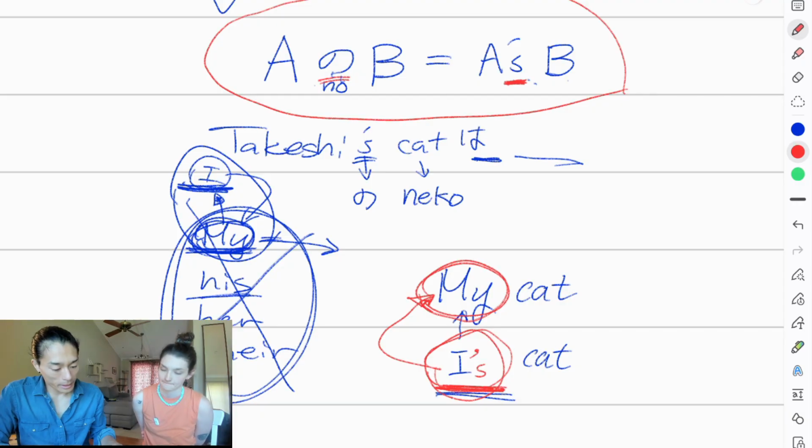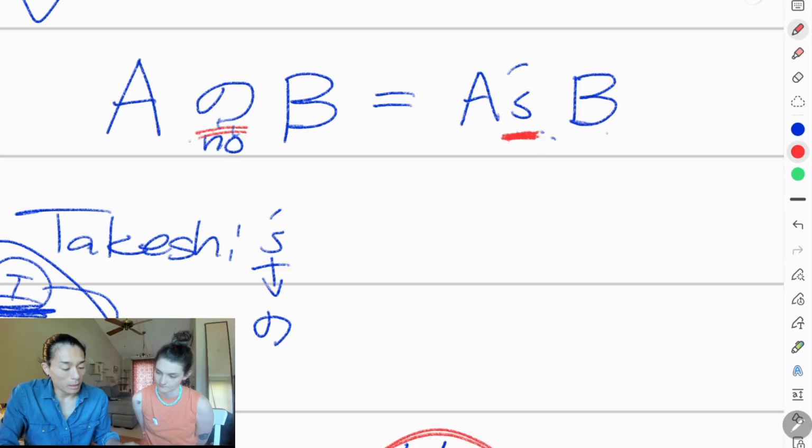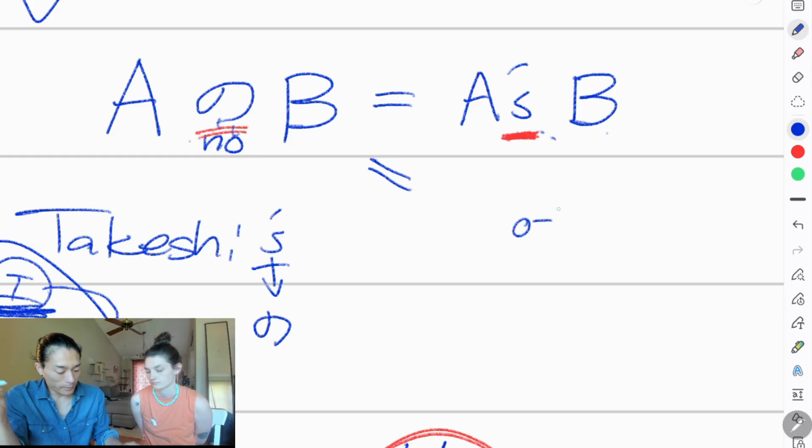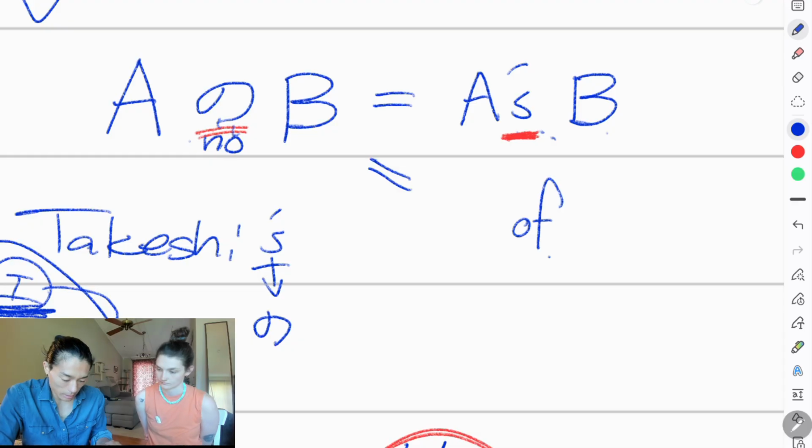Another one. Some textbooks explain that A no B is A's B. But another way of explaining this is when we use the article "of." For example, let's do the same one, "I no neko."